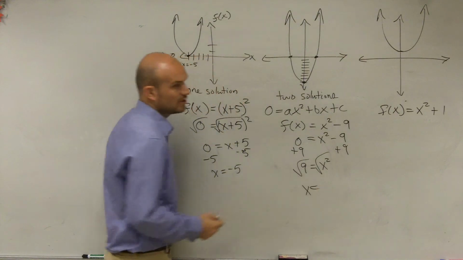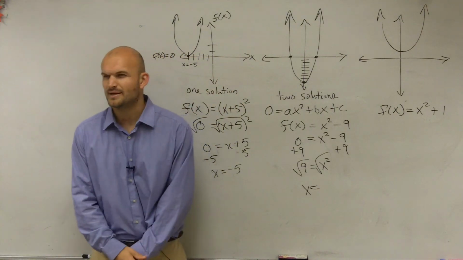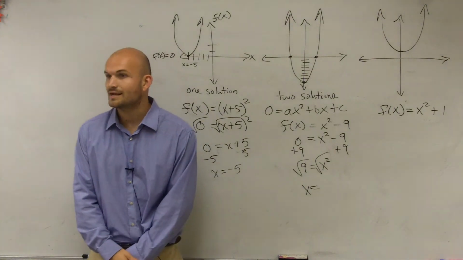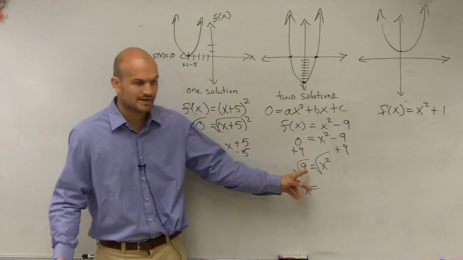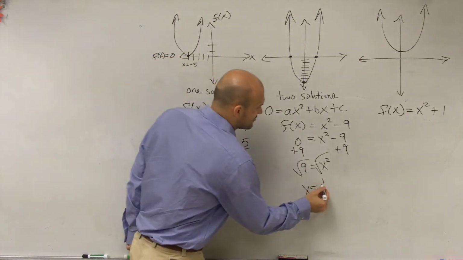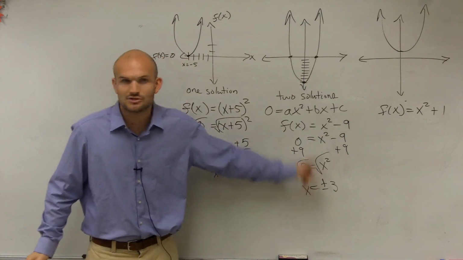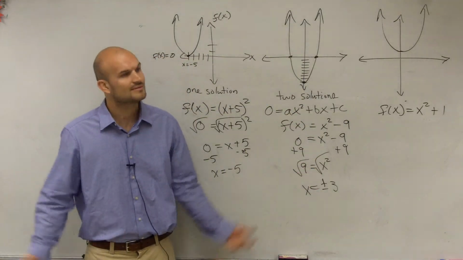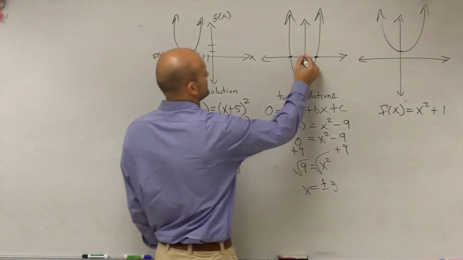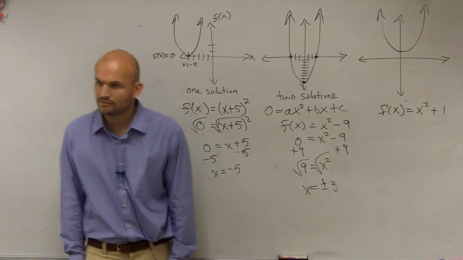So x equals what values? 3. What about negative 3? And negative 3, right? Because negative 3 times negative 3 equals 9, and 3 times 3 equals 9. So what we say is plus or minus 3. So do we have now 2 solutions for this problem? Yeah, we do.